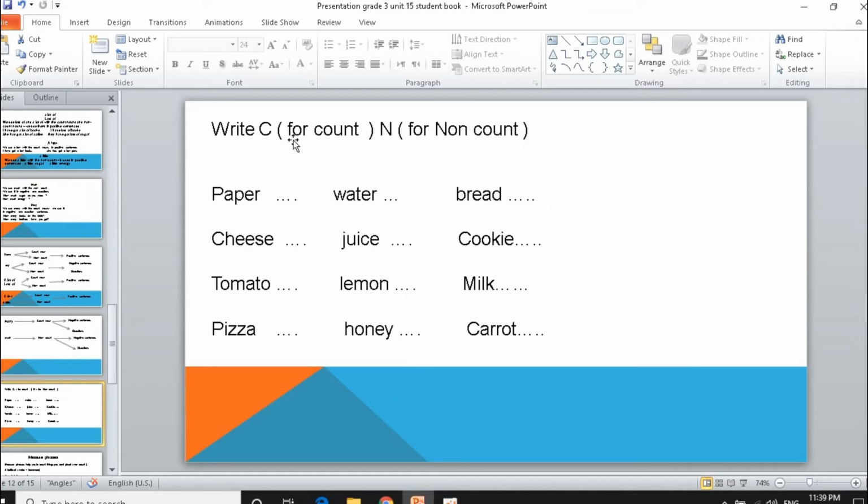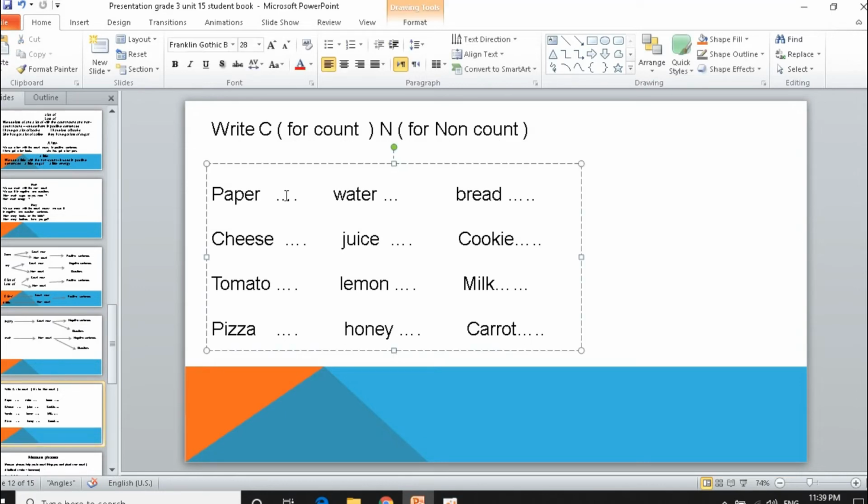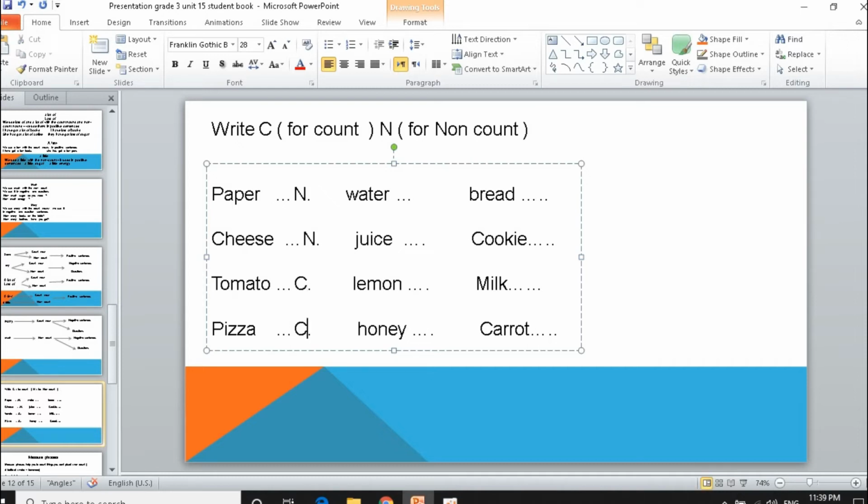Write C for count, N for non-count. Number 1, paper, N. Cheese, N. Tomato, C. Pizza, C. Water, N. Juice, N. Lemon, count.